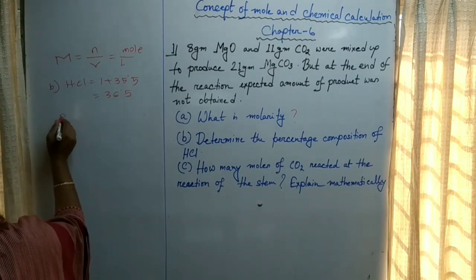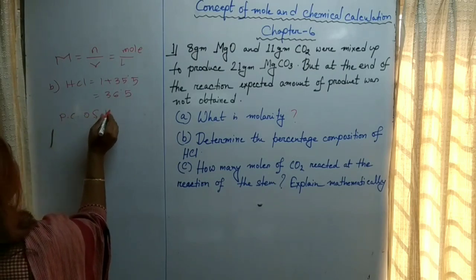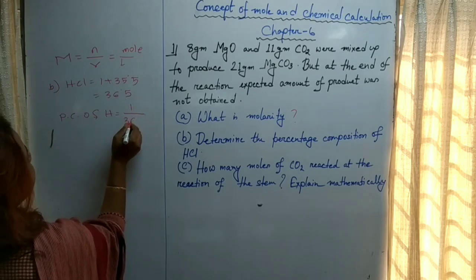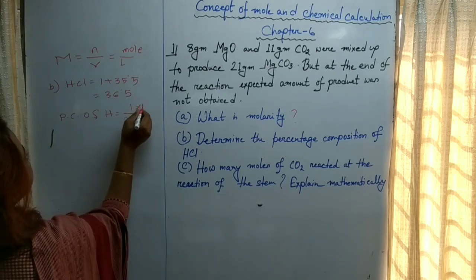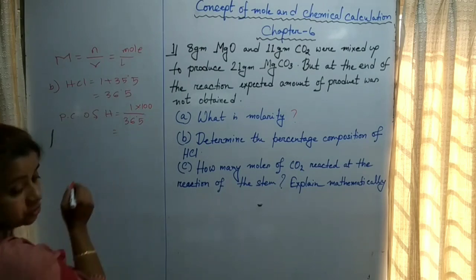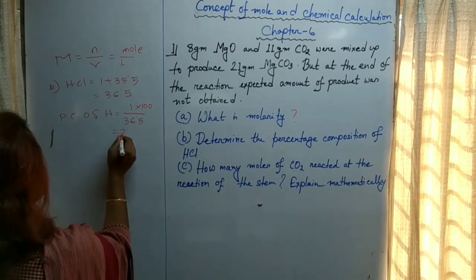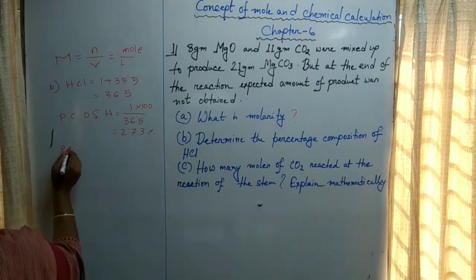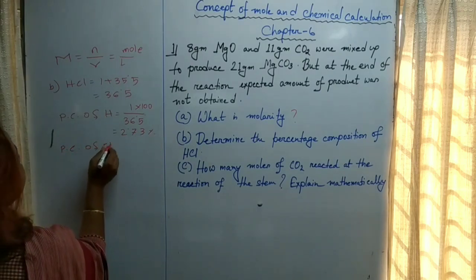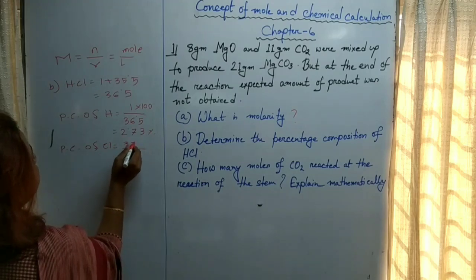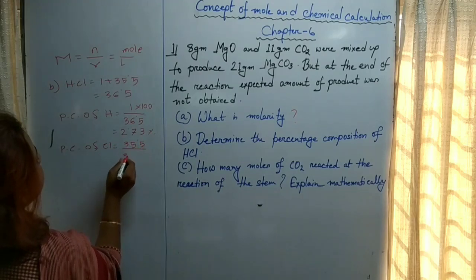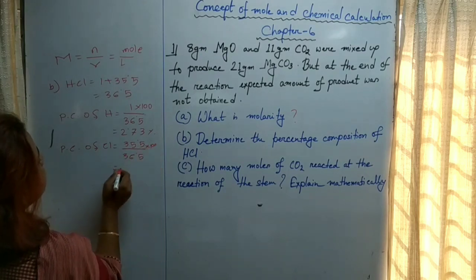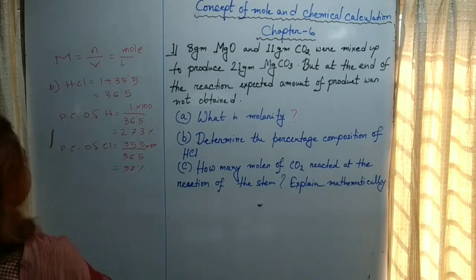Therefore, percentage composition of hydrogen is equal to mass of hydrogen divided by mass of compound into 100, which is equal to 2.73%. In this way, percentage composition of chlorine is equal to mass of chlorine divided by mass of the compound into 100, which is equal to 97%.